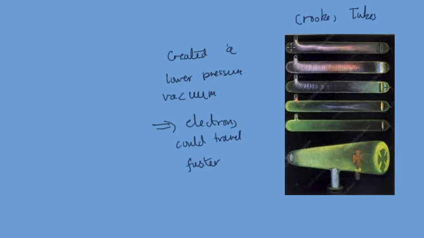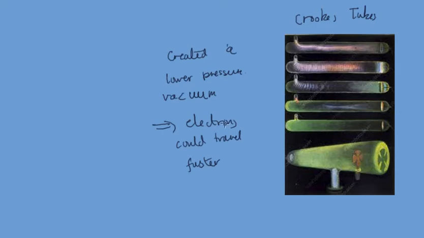So the electrons go from one side to the other, just like they would over the potential difference in a battery. And because there's no gas in there now, they've not got anything to slow them down. In the Geissler tubes, as the electrons collided with the gas, they were slowed down. But in the Crookes tubes, that doesn't happen. So they can travel further and faster, so they can get to a higher acceleration.